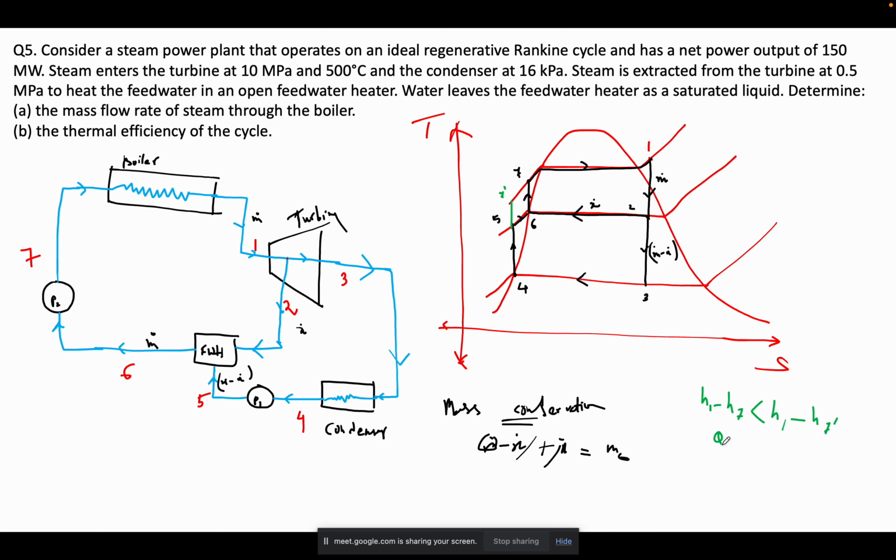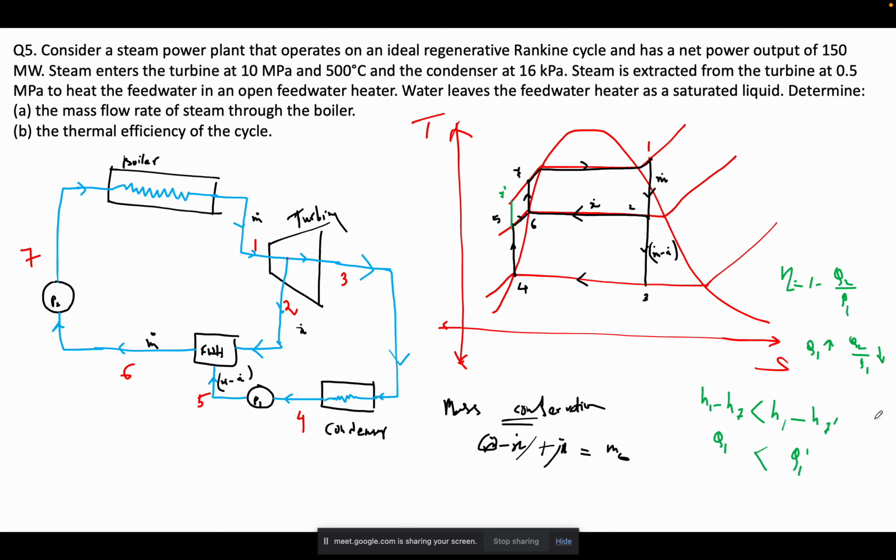That means if this one would have been Q1 and this one would have been Q1 dash, so Q1 is less than Q1 dash, okay. And what is our efficiency equation? Our efficiency equation is 1 minus Q2 by Q1, okay. So if Q1 increases, what happens? If Q1 increases, my Q2 by Q1 decreases, yes or no?